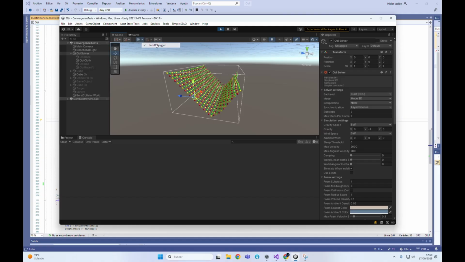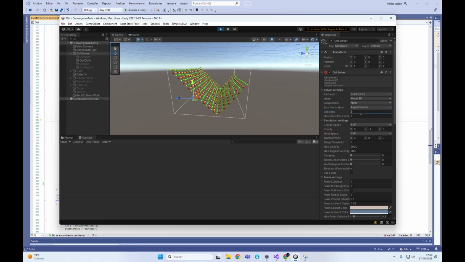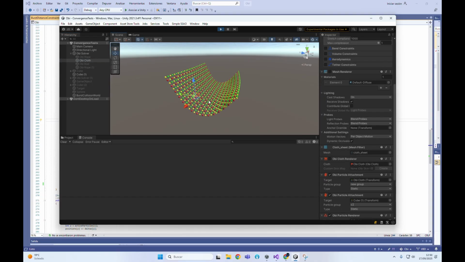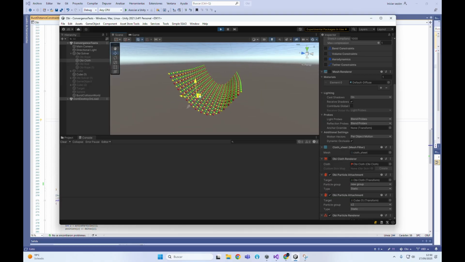Let's remove the jobs debugger, with 4 substeps and 50 iterations each, which is a lot of iterations. It finally subsides and it converges on the expected result.